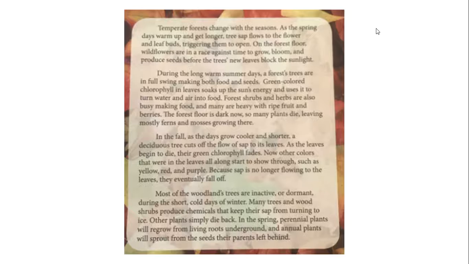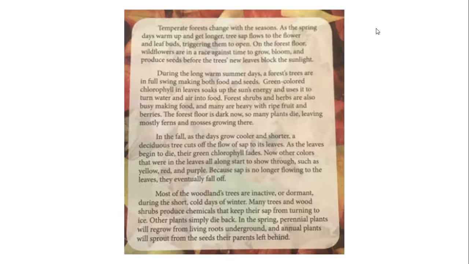Green-colored chlorophyll in leaves soaks up the sun's energy and uses it to turn water and air into food. Forest shrubs and herbs are also busy making food, and many are heavy with ripe fruit and berries. The forest floor is dark now, so many plants die, leaving mostly ferns and mosses growing there. In the fall, as the days grow cooler and shorter, a deciduous tree cuts off the flow of sap to its leaves.